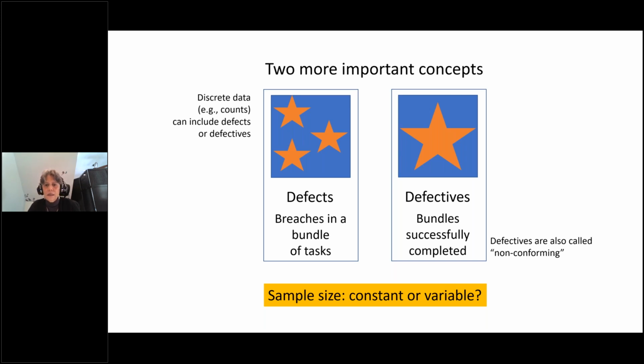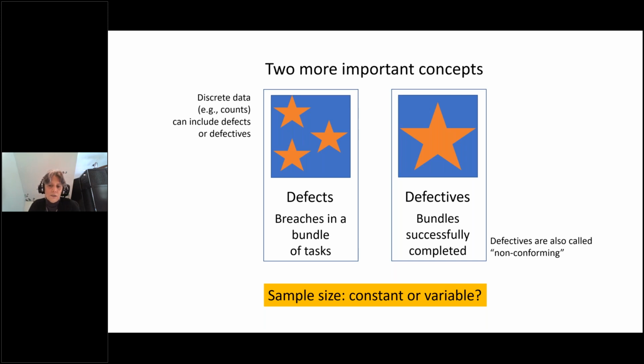The other kind of data is defective. Defective means that the whole thing is good or bad. Obviously, defective implies bad, but it's the all or none concept. The classic defective is that the patient dies, because they can only die once.